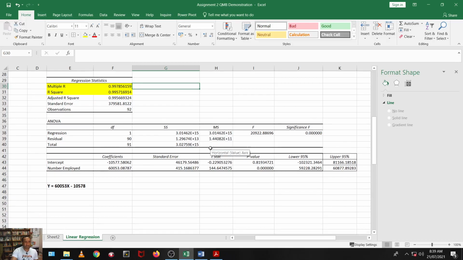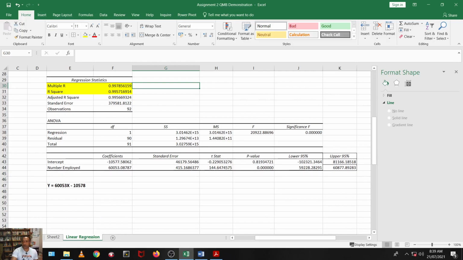So from the ANOVA table, we can conclude that we will reject the null hypothesis and accept the alternate hypothesis that there is a statistically significant relationship between the number of full-time employees and the profits generated by the company.